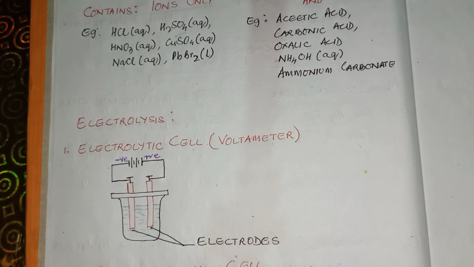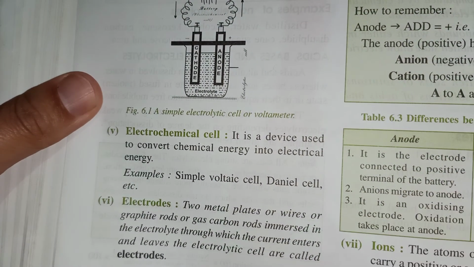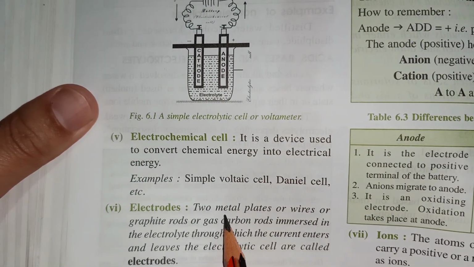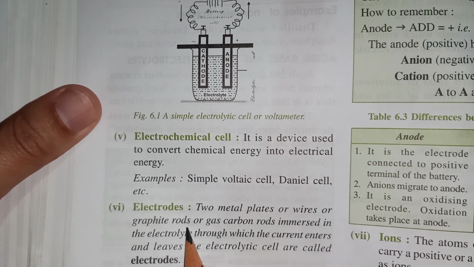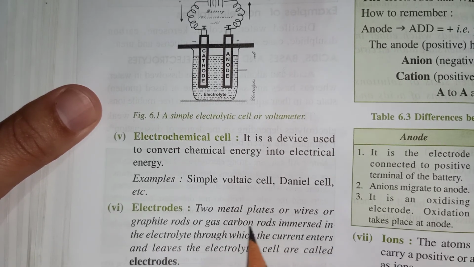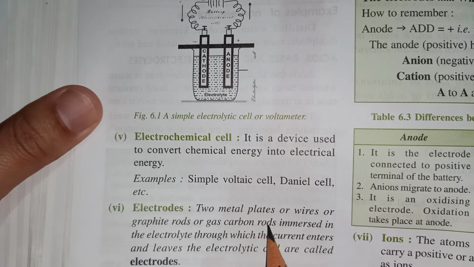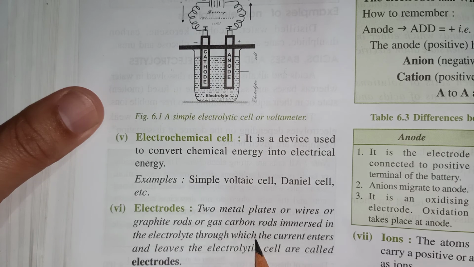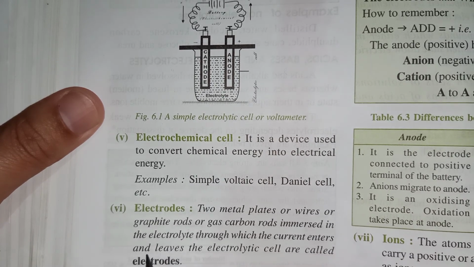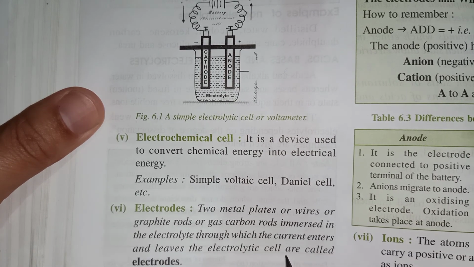So let us see what electrodes are now. Electrodes are metal plates or wires, or graphite rods or gas carbon rods. These are all different types of electrodes immersed in the electrolyte through which the current enters and leaves the electrolytic cell.